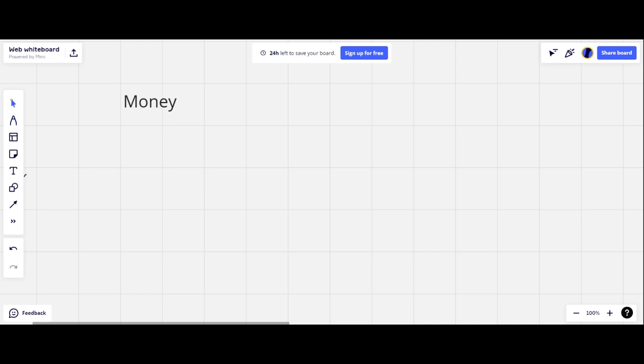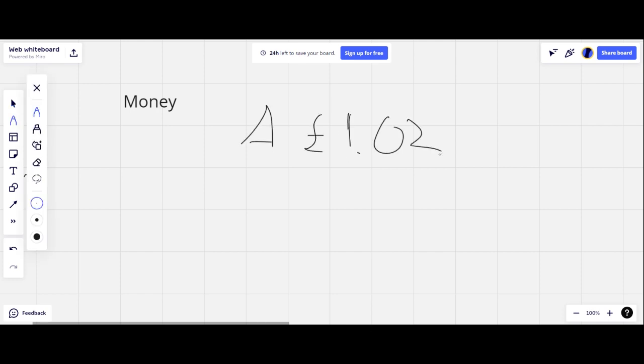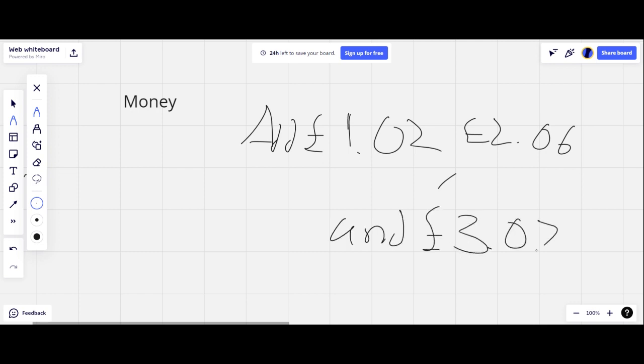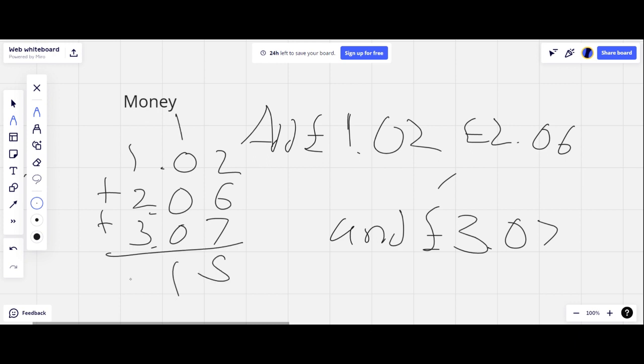So if you got the question, add £1.02, £2.06, and £3.07, you have to do that addition in columns. 1.02 plus 2.06 plus 3.07, which would give you the answer 6.15.